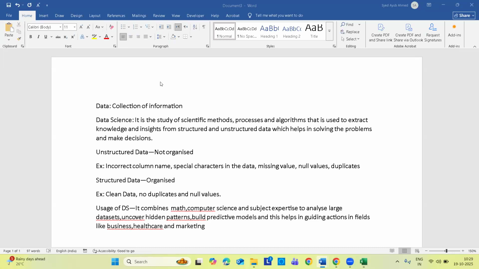As I was discussing about this pattern for the data set, it is used to help in guiding the actions in fields of businesses, healthcare, and marketing.